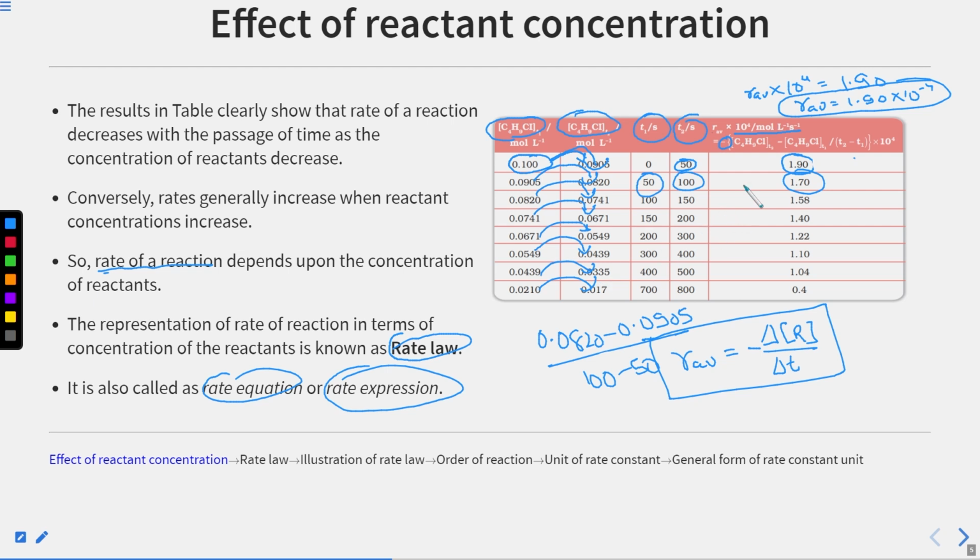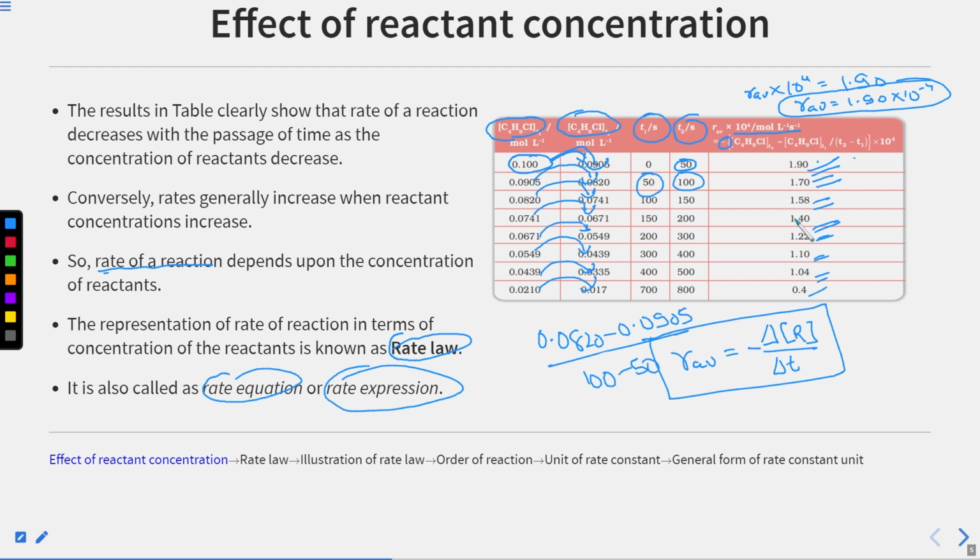At the same time, you can see that the rate of reaction is also decreasing: 1.90, then 1.70, 1.58, 1.40, 1.22, and at last it goes on decreasing. So as the concentration of reactant decreases down this table, the rate of reaction, whether average or instantaneous, will decrease.